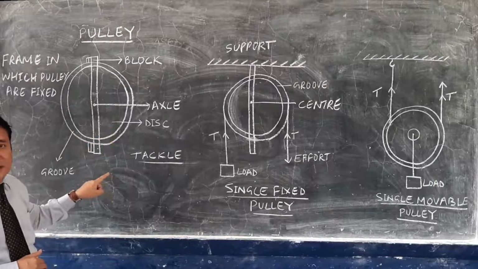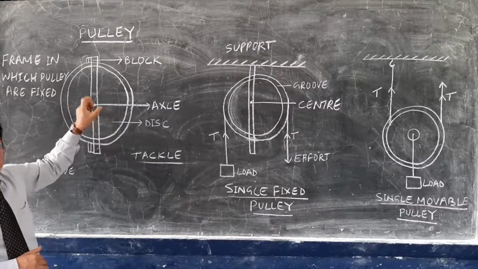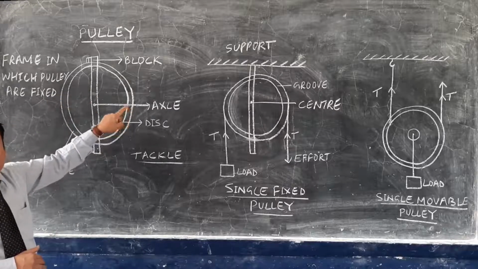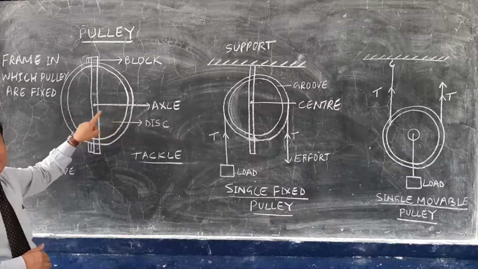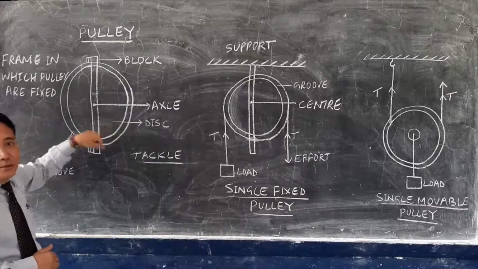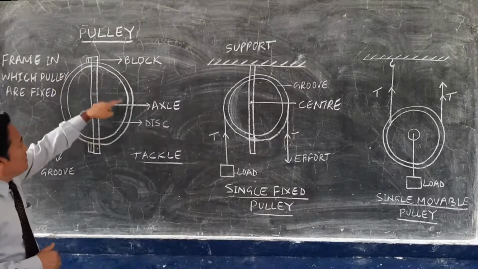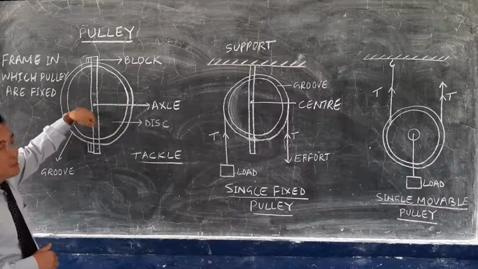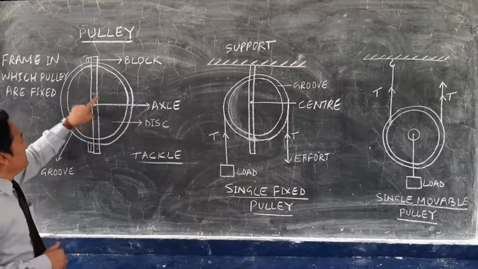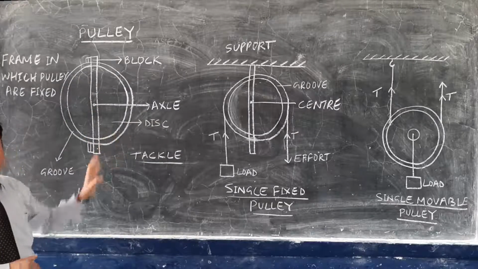It is capable of rotating about a rod. The pulley can rotate, they can move around the rod called the axle, and this axle passes through the center of the pulley. So this is the definition of the pulley.